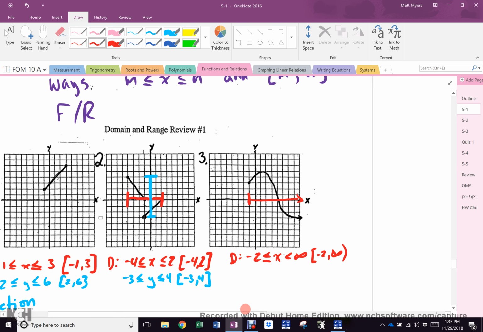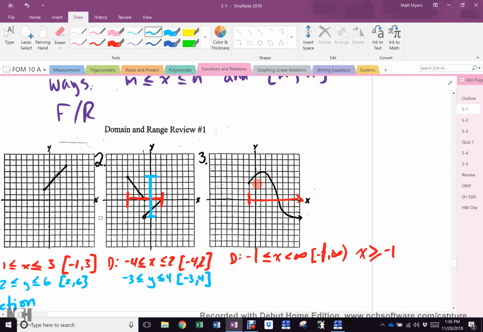Or I could write it the simplest way possible. X is greater than or equal to -1. Then I only need to write one thing. That's the simplest way to write it. Does everybody understand why all three of these are the same thing? Is there anybody that doesn't? Sweet.